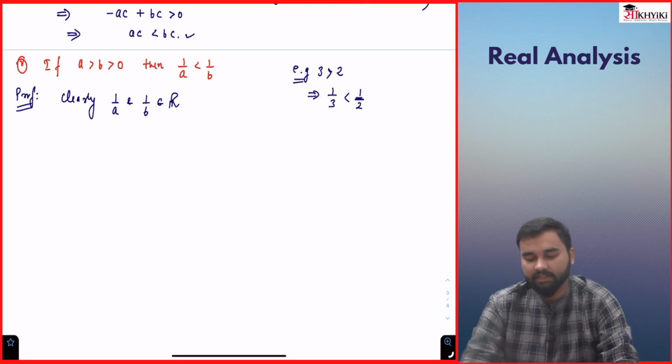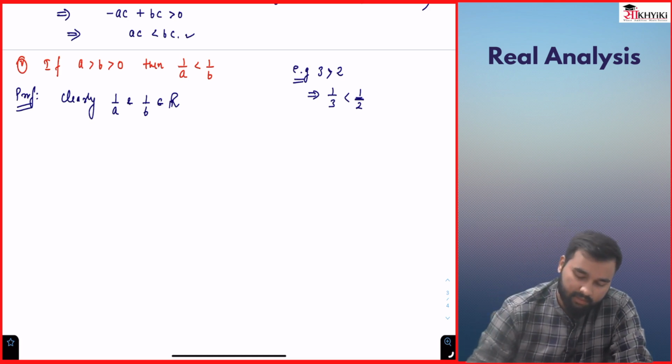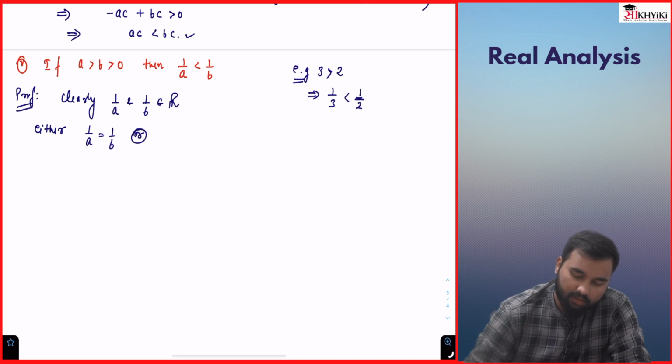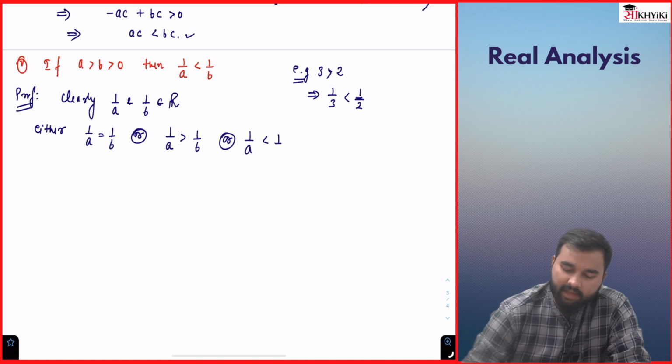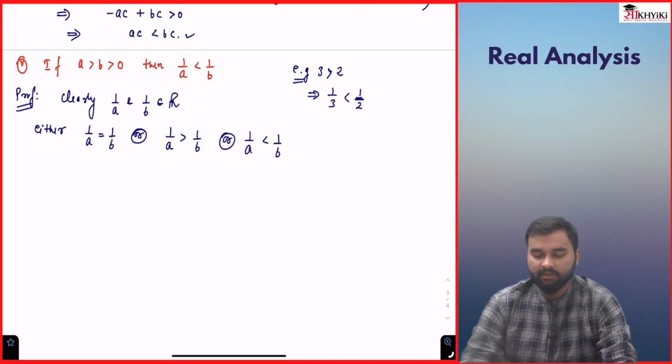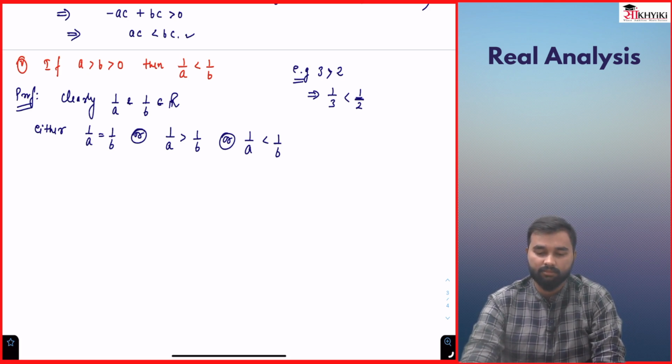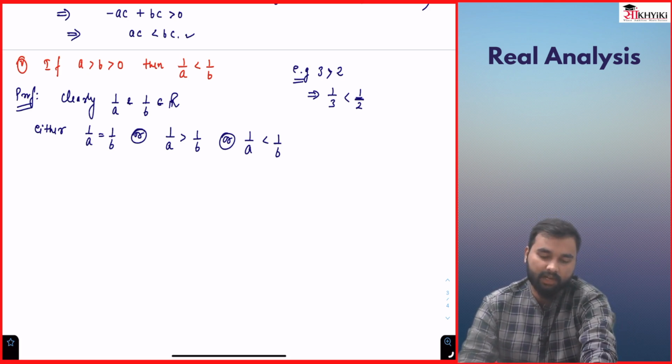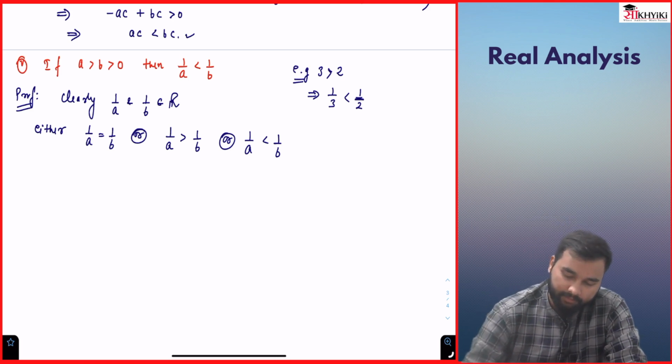So if I apply the trichotomy for two real numbers, we get either 1 by A is equal to 1 by B, or 1 by A is greater than 1 by B, or 1 by A is less than 1 by B. That is what we have discussed about the trichotomy property of two real numbers. Let's take these one by one.